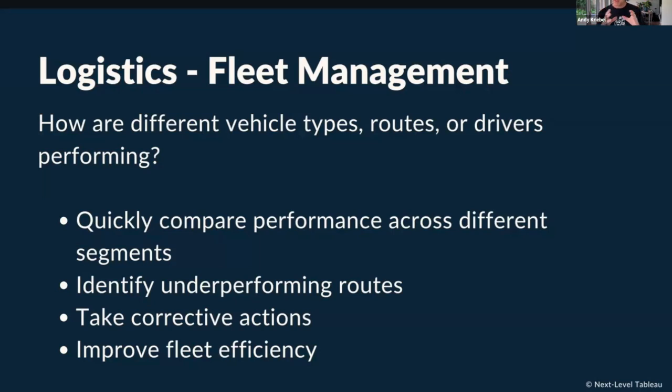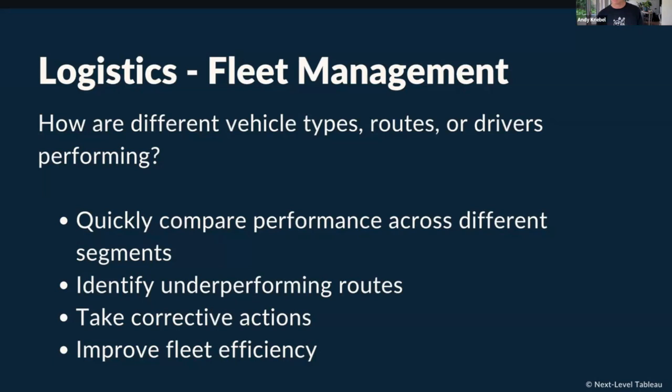They can maybe click on that particular metric, and we want to allow them to click on maybe different vehicle types, routes, driver names to trigger a parameter action. And it's going to update the dashboard with detailed metrics like fuel consumption, maintenance schedules, are the drivers on time? What are their on-time delivery rates for the selections that they make?